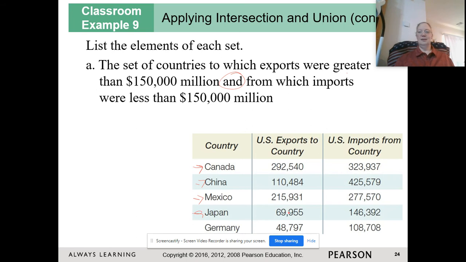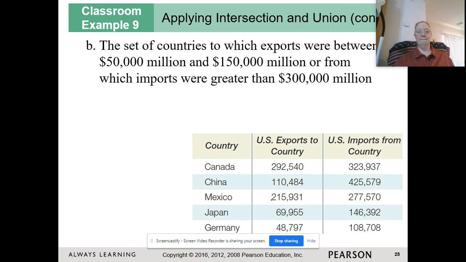Japan, exports are not greater than 150. Germany, exports are not greater than 150. Turns out there are no countries that satisfy both of these conditions. The answer would be the empty set.